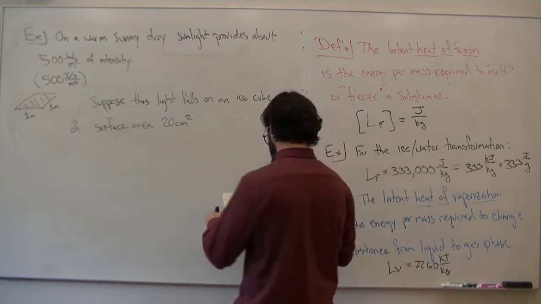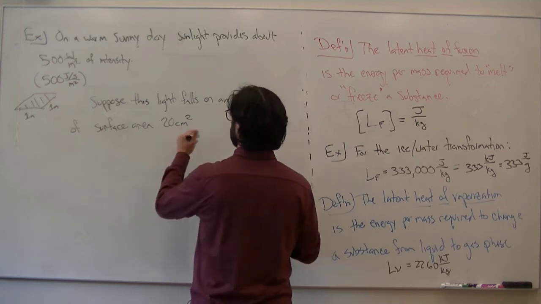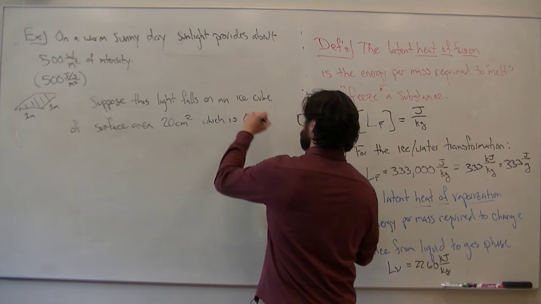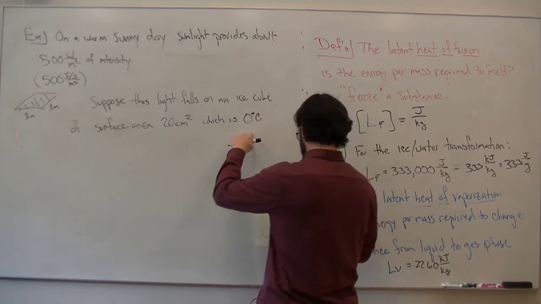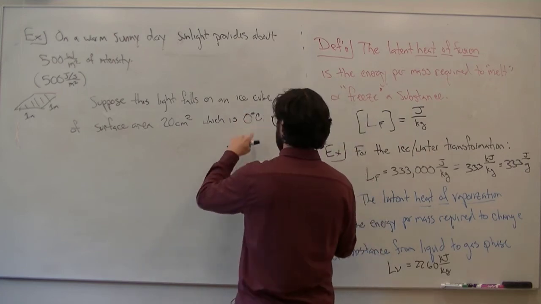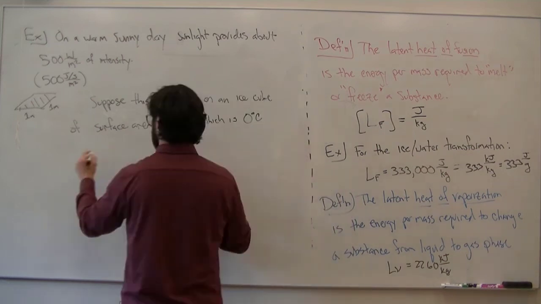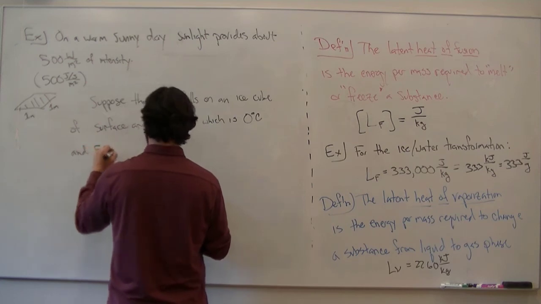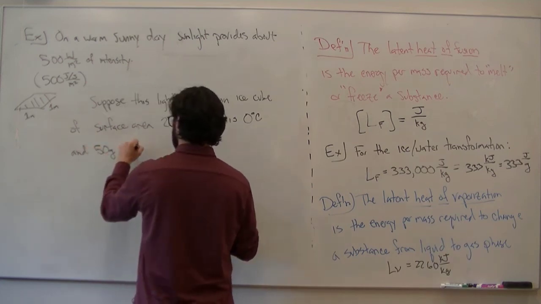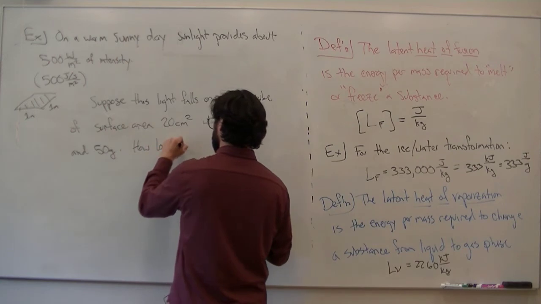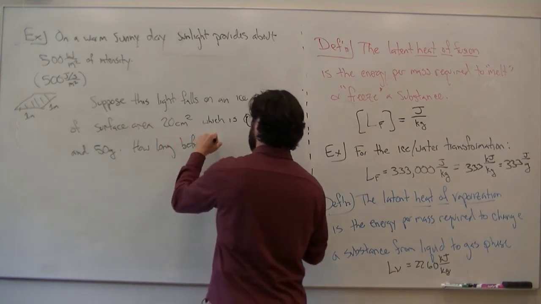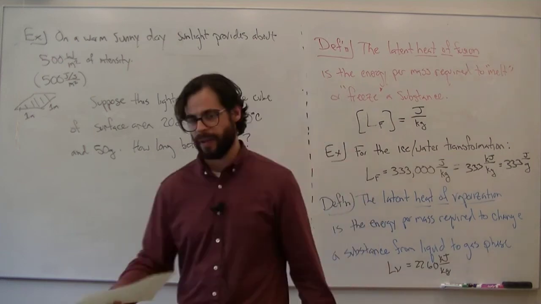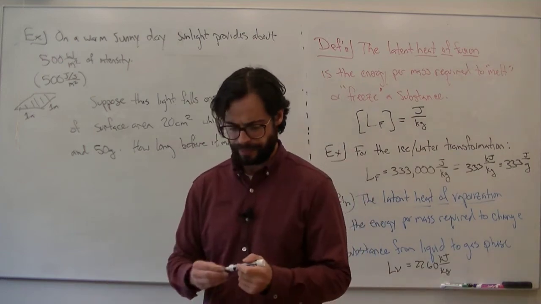So 20 centimeters squared. And we'll do this as easy as possible. We'll make it 0 degree ice, so it's already kind of up there. So we have 0 degree ice and 50 grams. And we want to know how long, so that would be time before it melts.